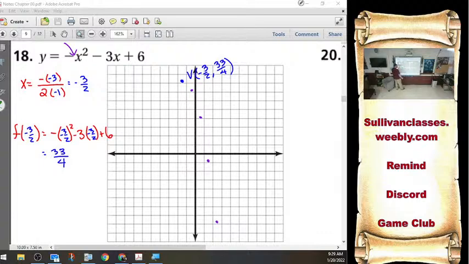So if I have those points, I mirror them across an axis of symmetry. Connect your dots. Try to keep it curvy. Man, that's gross, but it works.